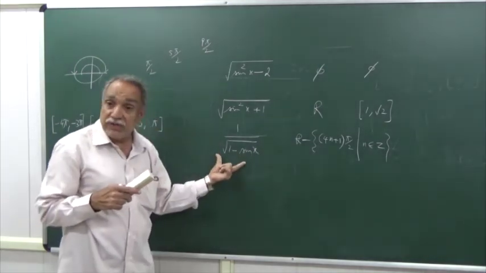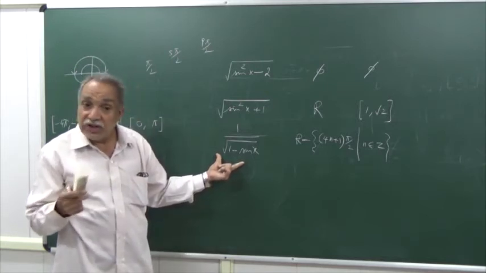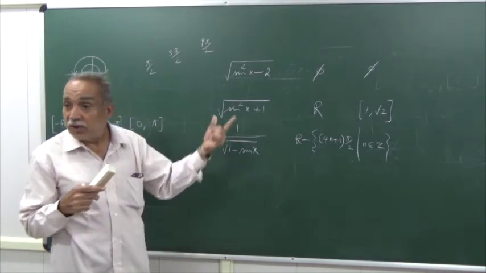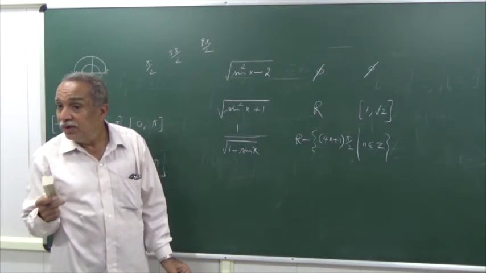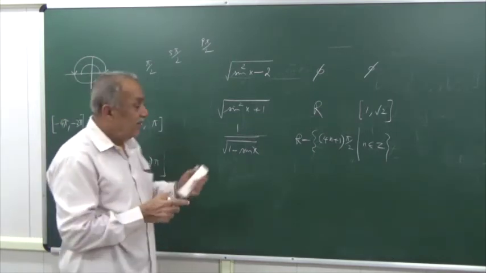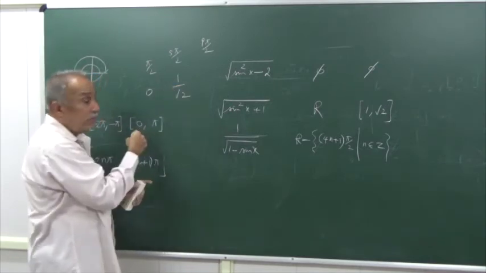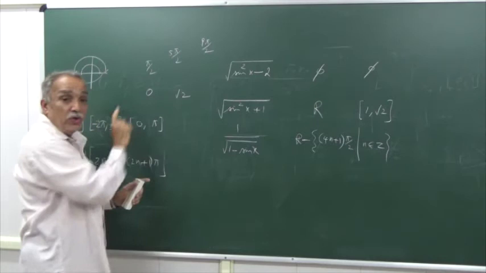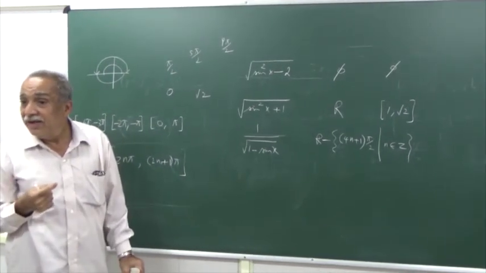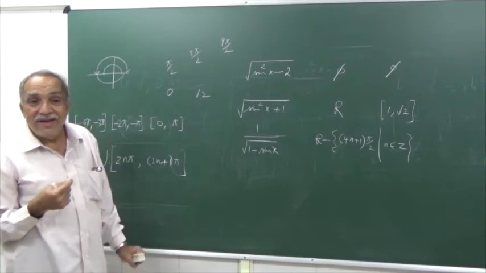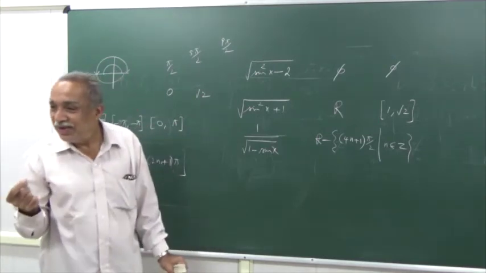So, the square root of the expression takes a value from 0 to root 2, 0 excluded. Reciprocal: this denominator is taking values between 0 and root 2, 0 excluded. Reciprocal will take values from 1 by root 2 to infinity.